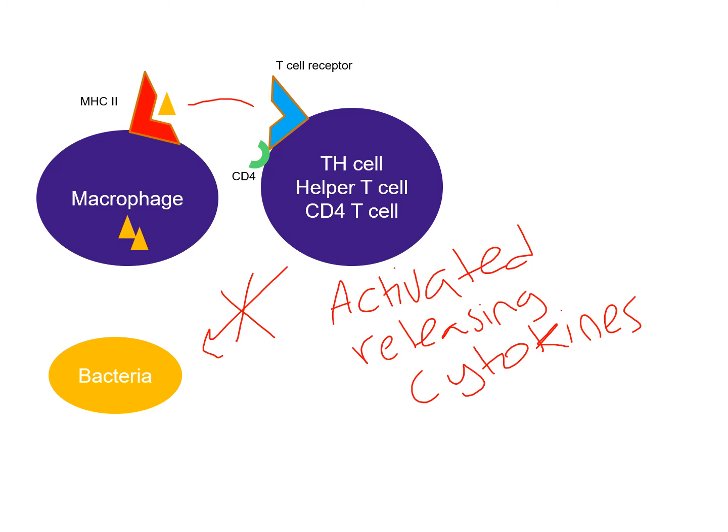It doesn't always have to be a macrophage. Remember we said that it could be a macrophage, it could be a B cell, or it could be a dendritic cell. Once they bind to that MHC2 that's presenting the antigen to them, that's when they get activated. And once they're activated, those helper T cells will start releasing cytokines.